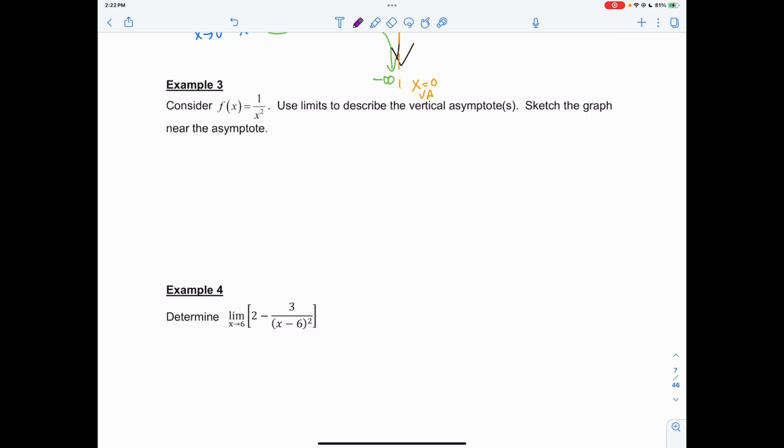For example 3, consider f of x is equal to 1 over x squared. Use limits to describe the vertical asymptotes and sketch the graph near the asymptote. So if I said that f of x is equal to 1 over x squared, then my domain, or my non-permissibles, is still going to be based on x cannot equal 0.